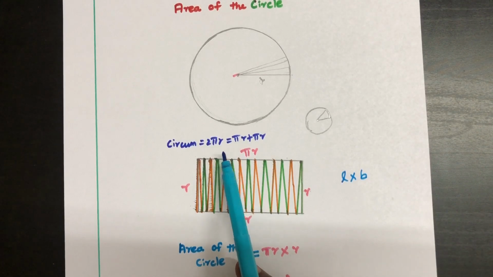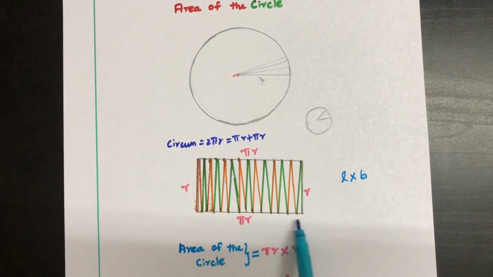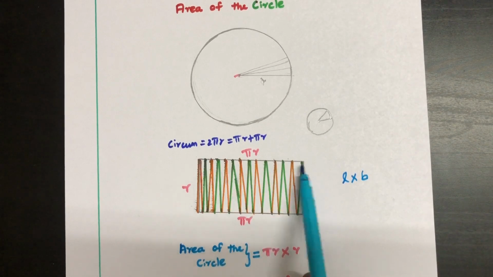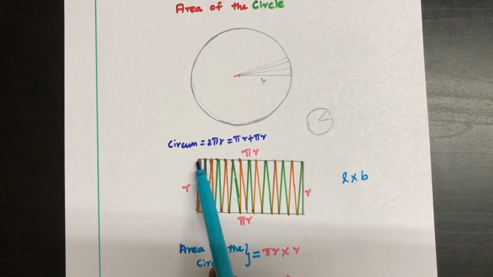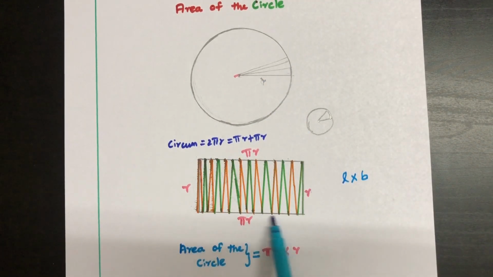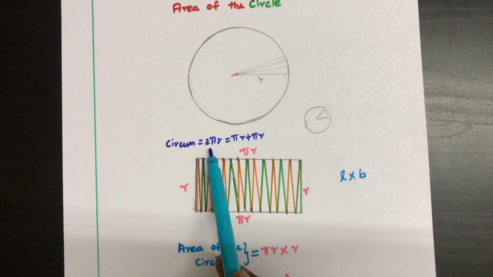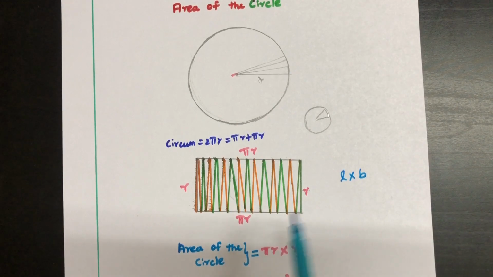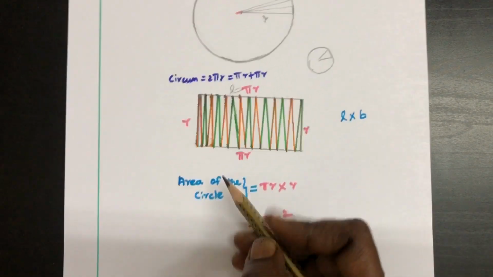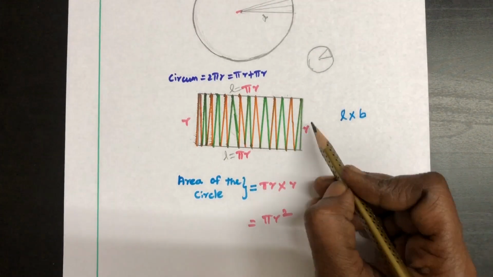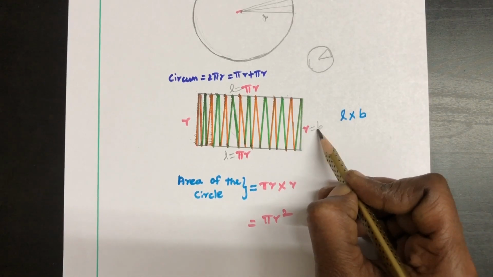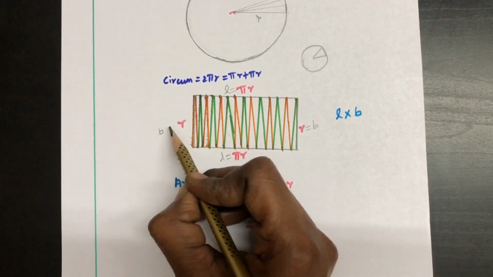So, 2 pi r is divided into 2 now, because half of the circumference will come here and another half will come here. So, if we divide 2 pi r into 2, we will get pi r, pi r. So length is pi r and here also length is pi r. This is b, breadth of the rectangle, b equal to r.